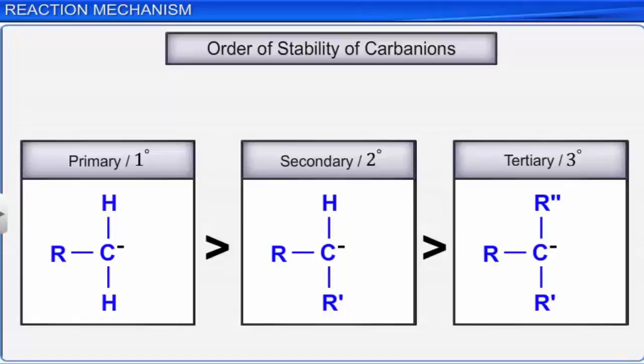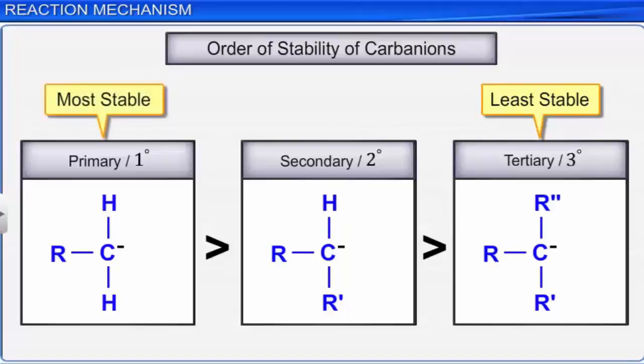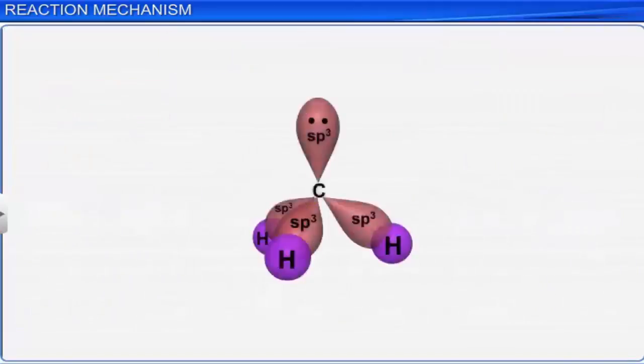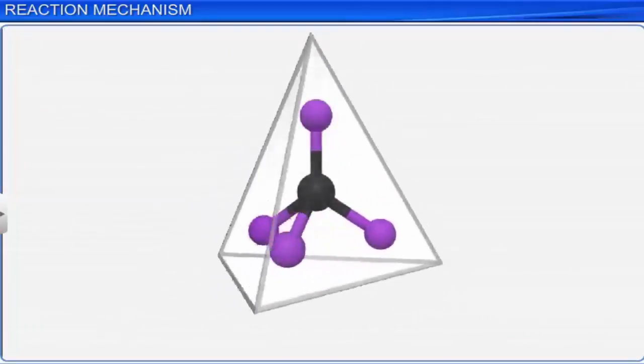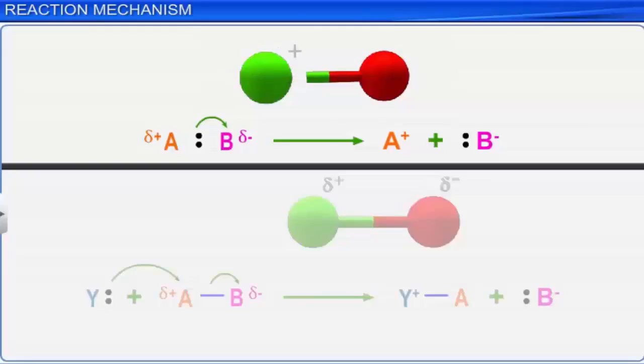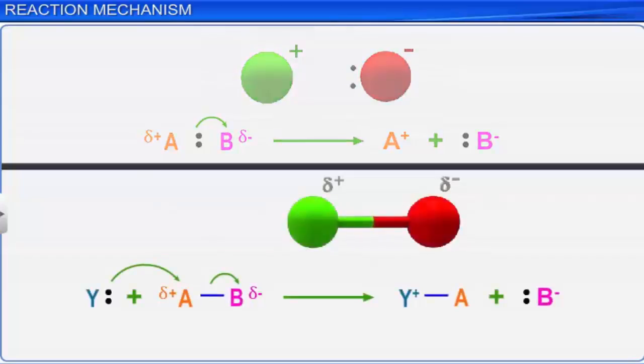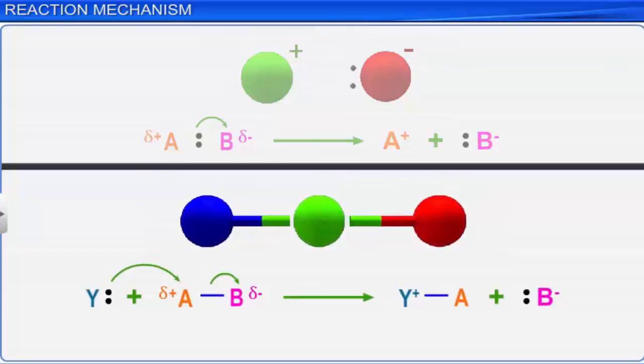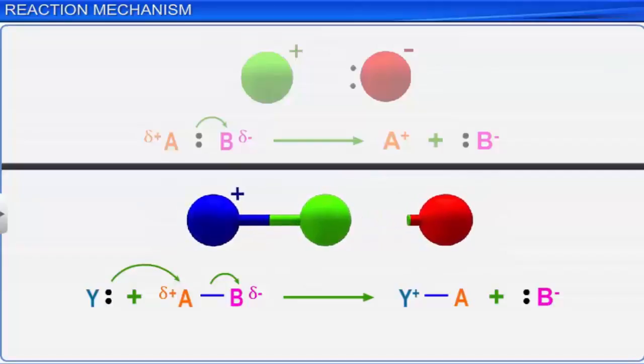Hence, tertiary carbanions are highly unstable, while primary carbanions are the most stable. The shape of a carbanion is tetrahedral. All the organic reactions preceded by heterolytic bond cleavage are known as ionic or heteropolar or polar reactions.